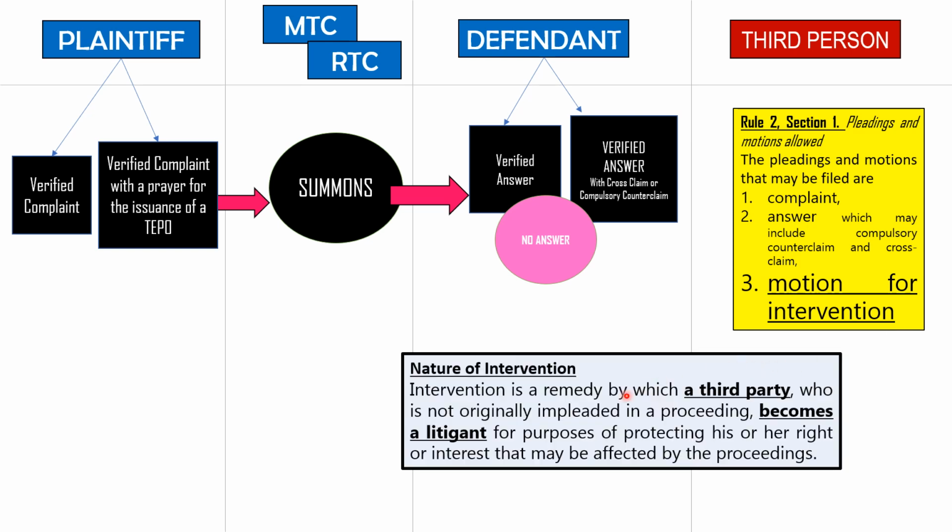Diba ang intervention, that is a remedy to a third person or a remedy to a third party, and that third party is not originally pleaded in a proceeding, but he becomes a litigant, and the purpose is to protect her right or his right or interest that may be affected by the proceedings. Kaya pwedeng pumasok ang third person as long as that third person has interest or right in the proceedings.